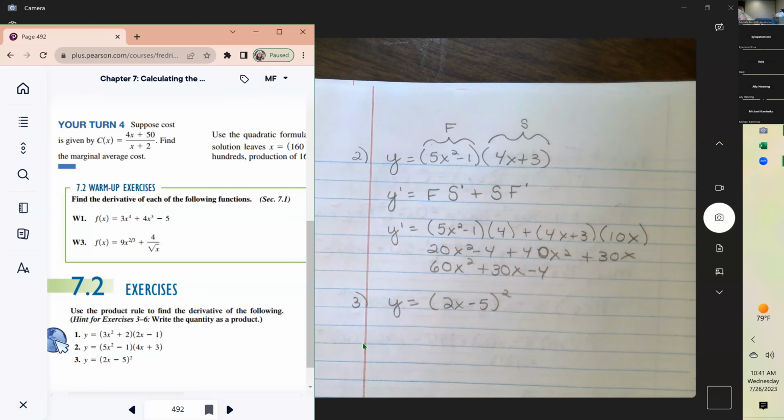No, there is what's called a chain rule, but we don't go into that section. So remember when we did this before, we multiplied them together or FOILed them?